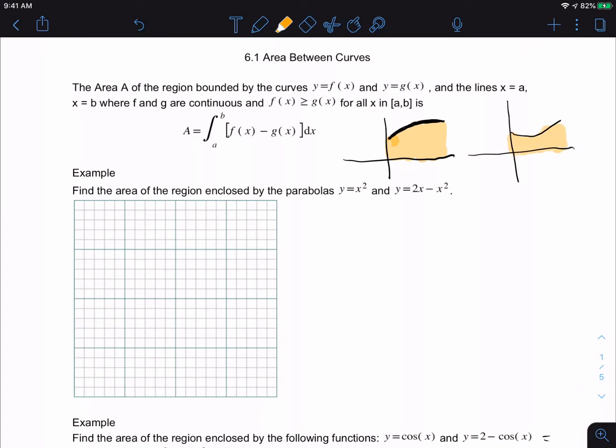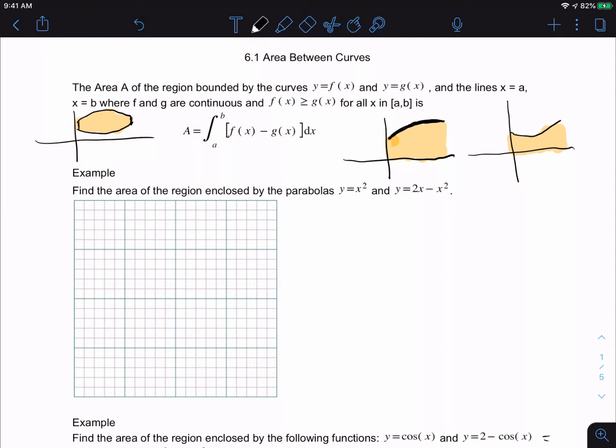But now we're going to take these two areas and subtract them from each other so that we get this result that looks like this. And do you see how it's not closed off? The reason it's not closed off is because that's my a and that's my b.